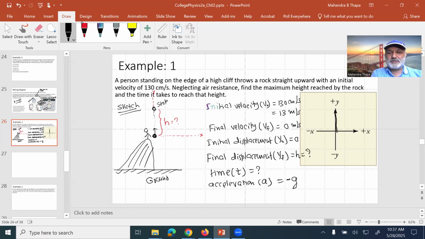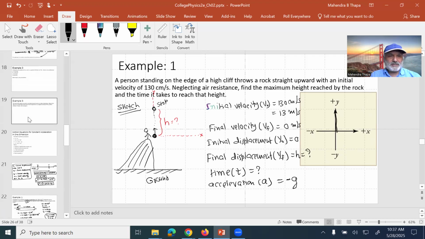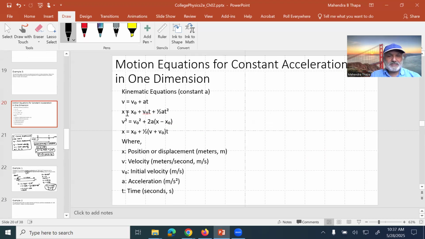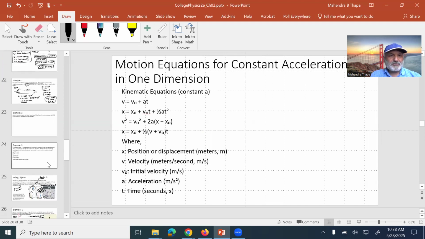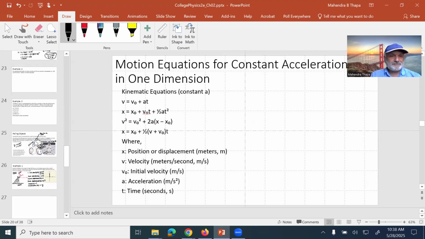Be careful about this minus sign, okay? Based on this information, we have to sort out which equation works for us. If you look at the previous slide, you can choose which best fits to find the time. Based on the given information, I can choose the first one to find the time.